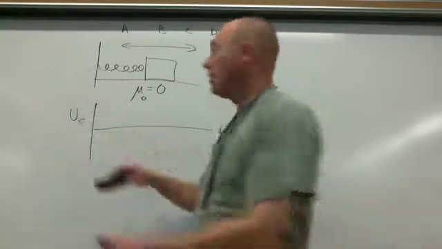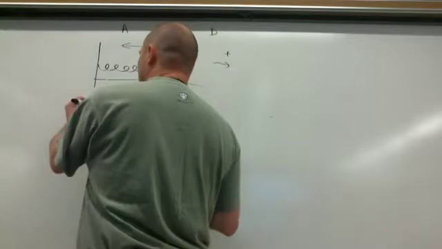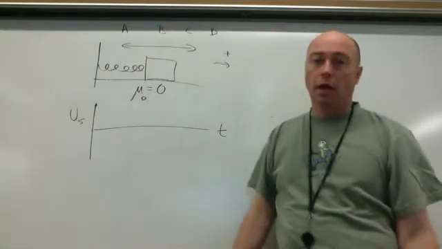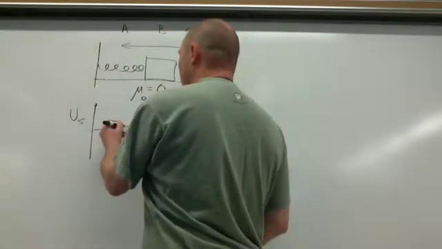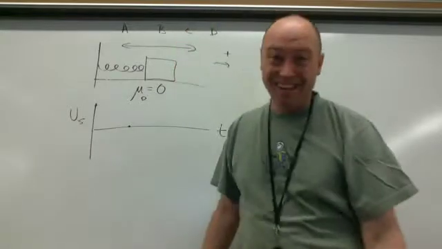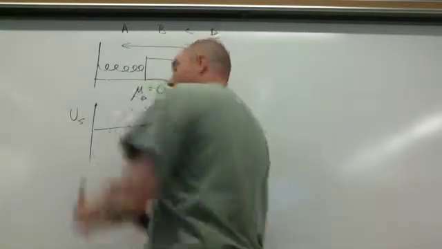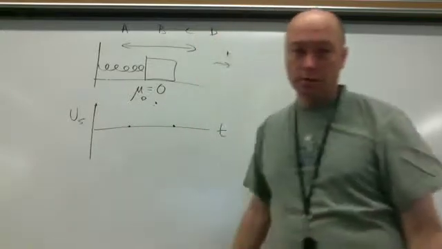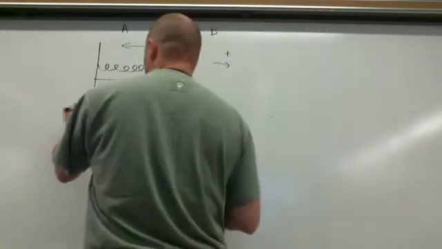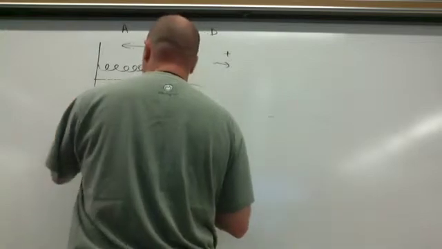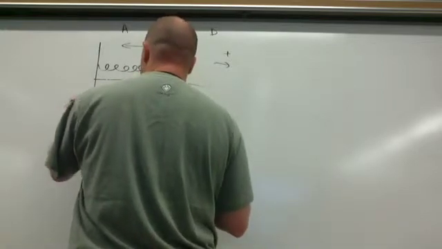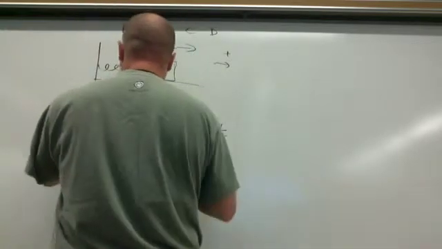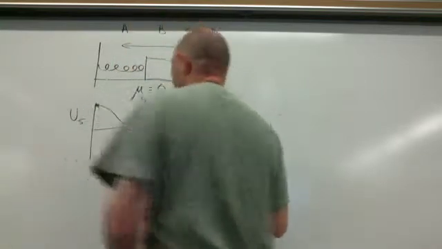If I compress it, I am going to be at lots of potential energy. And then I'm going to go to a point where I'm at 0 potential energy. And then I go back to lots of potential energy. And then I go back to 0 potential energy. Hopefully this should make sense to you, so if I was to draw this out, something like that.